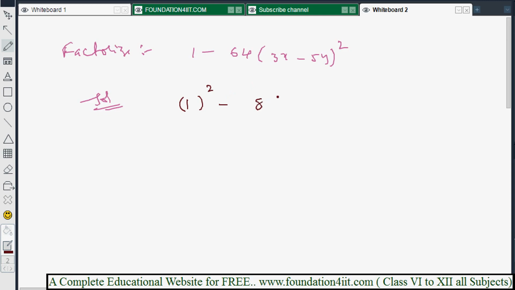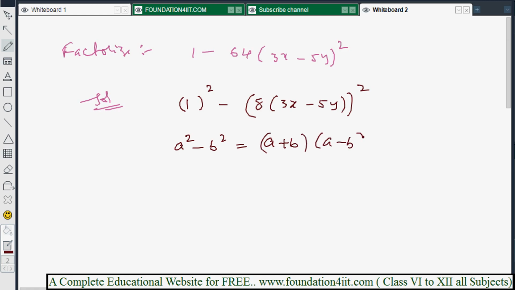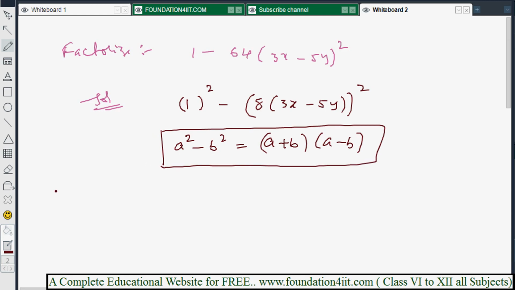That's right, (8 of 3x minus 5y) and overall square, it is a whole square. Now same, a square minus b square is equal to a plus b into a minus b. The same identity we will apply to this. So what we should know is what is a, what is b. That's very important when you are writing the sum. Now 1 is a and 8 of (3x minus 5y) is b. That's completely it. So we can simplify it very simply.